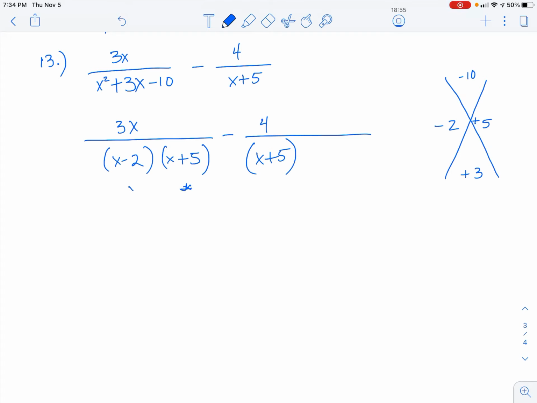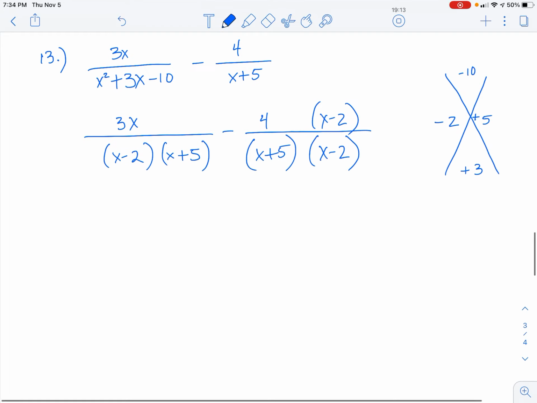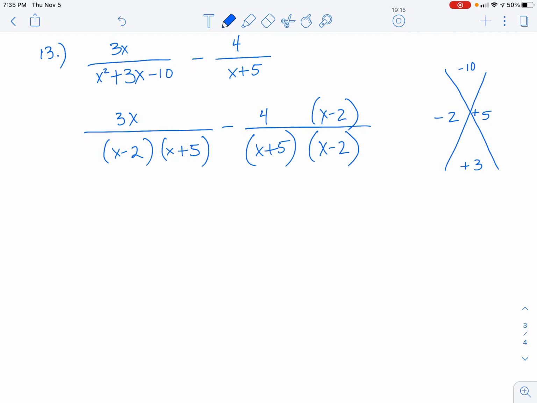I have that part, but I need this part. So I am going to put that into the denominator here and also into the numerator here. Right? Whatever I do to the denominator, I must also do to the numerator. And now I can simply put these together because I have the same denominator.